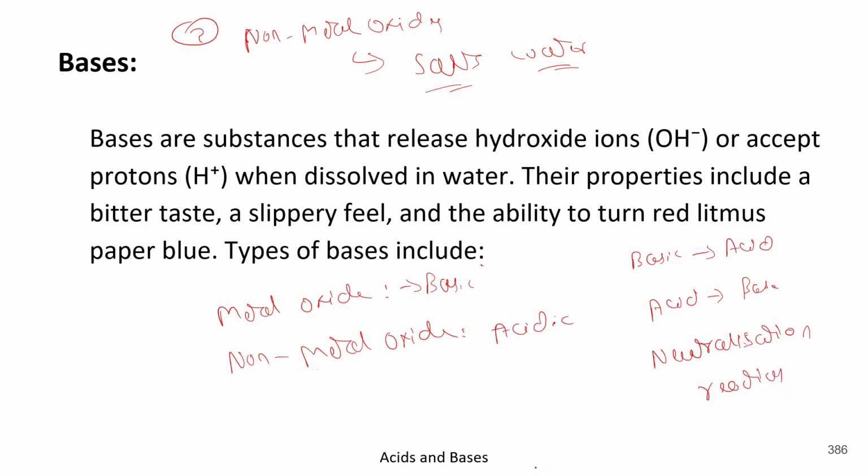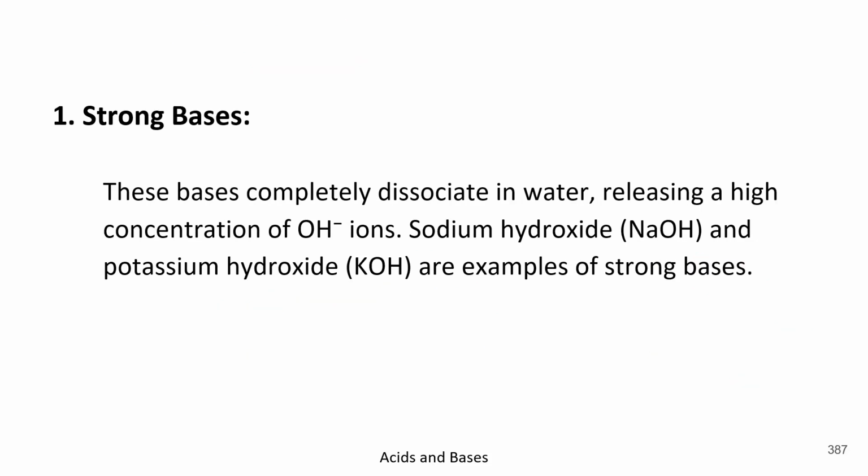Got it? Whenever acid reacts with base or base reacts with acid, there will be only one situation, which we call the neutralized situation. So whenever the base reacts with a non-metal oxide, which is acidic in nature, it gets neutralized, and in every neutralization reaction we always get salt and water. Got it? Now let's move forward.